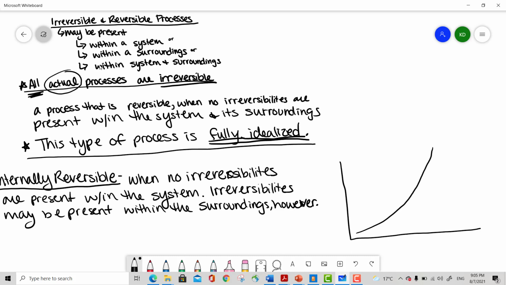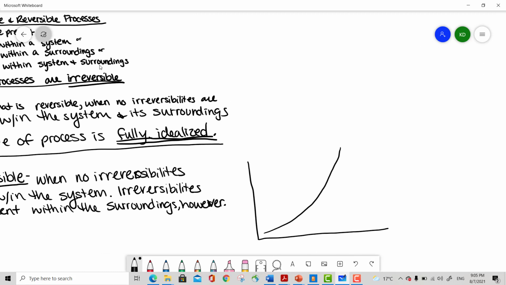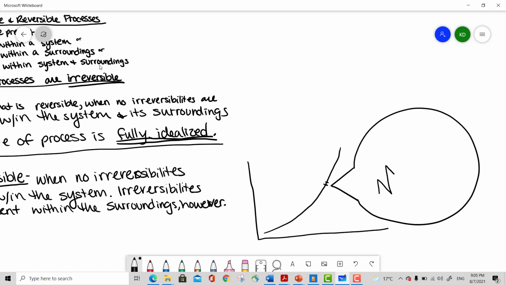From a macro level, this is what it looks like. But when you look at it from a microscopic level, you pull out this portion right here, and it's actually looking like this.